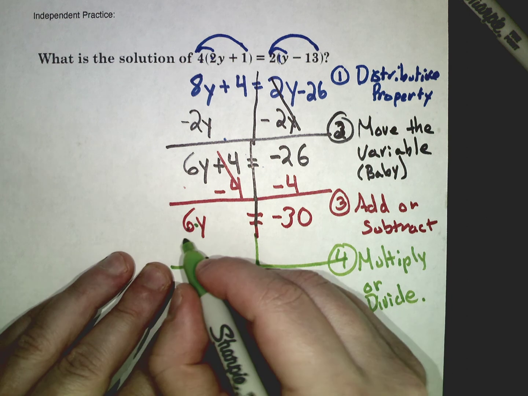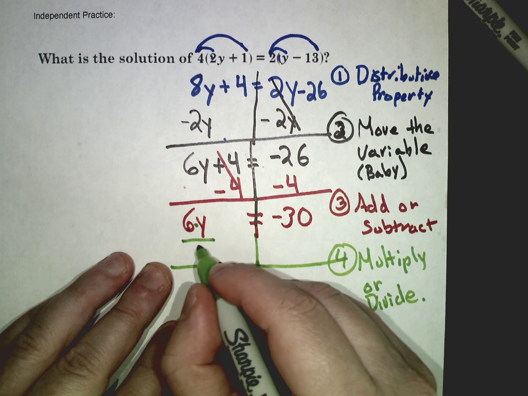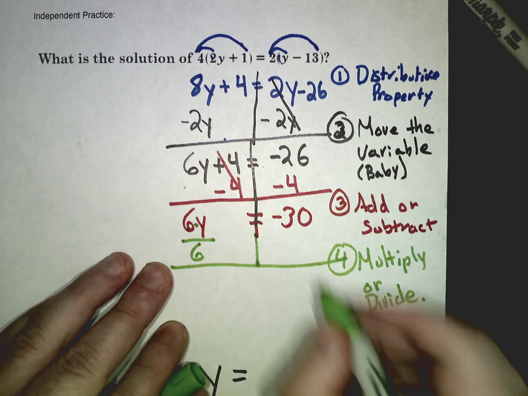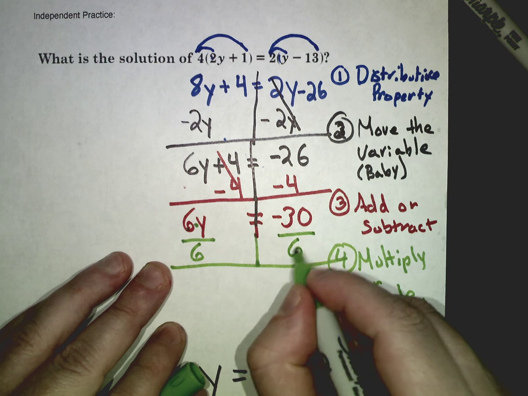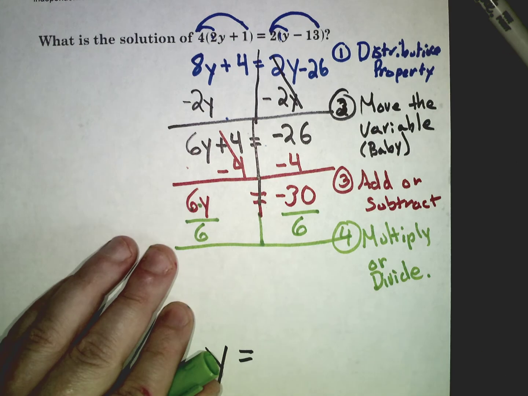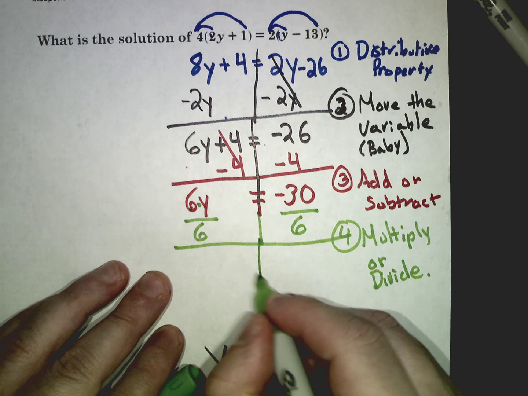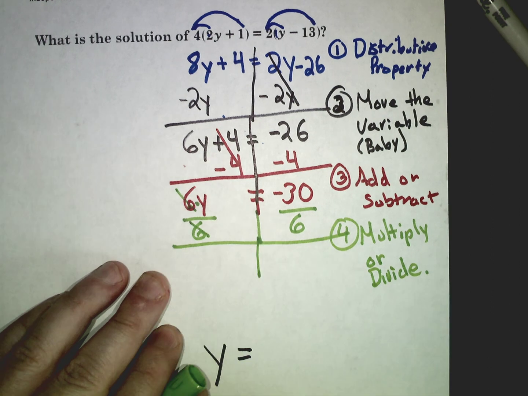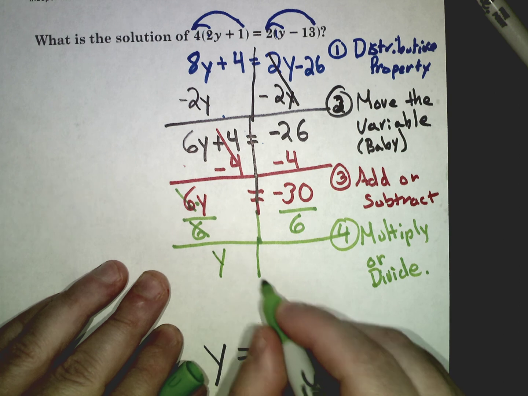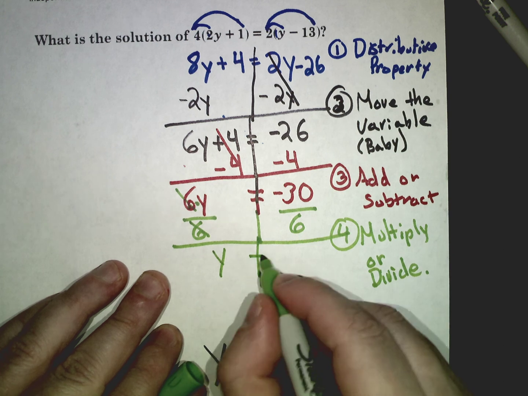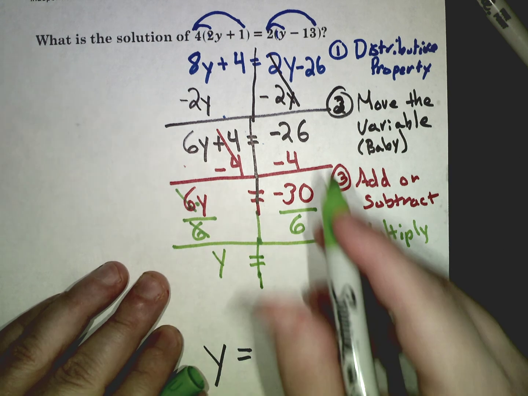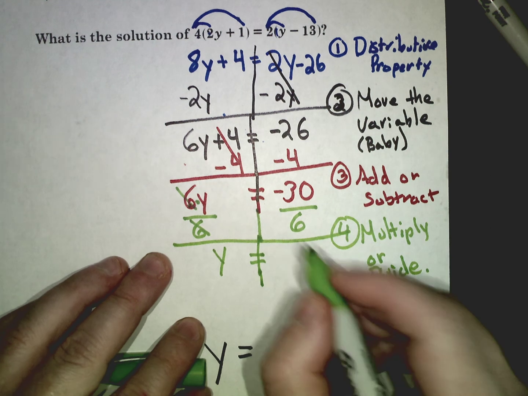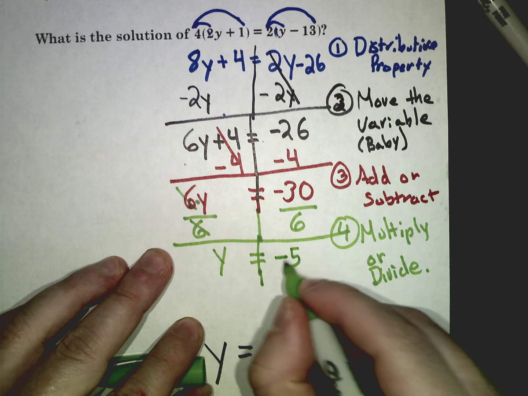So the opposite of multiplication is division. So I'm dividing by 6. Not 6y, just 6. Over here, I'm dividing by 6. And at the end, 6 divided by 6 is just 1, so I can get rid of those. I can bring down my y. Bring down my equal sign. Negative 30 divided by 6, if you put that in the calculator, you'll get the answer of negative 5.